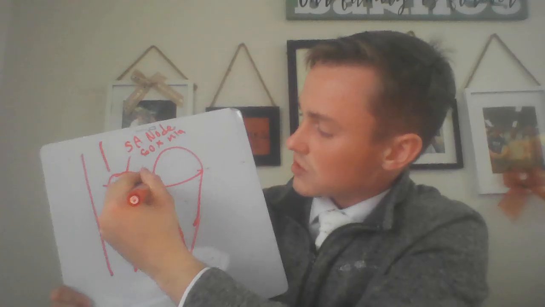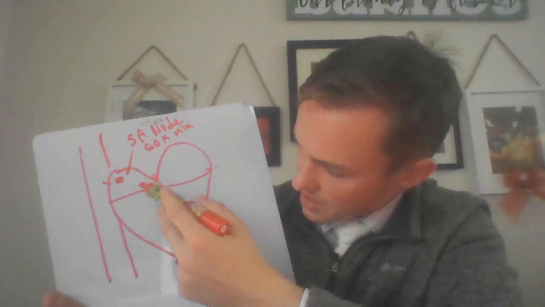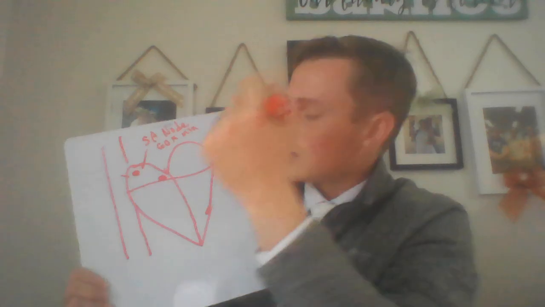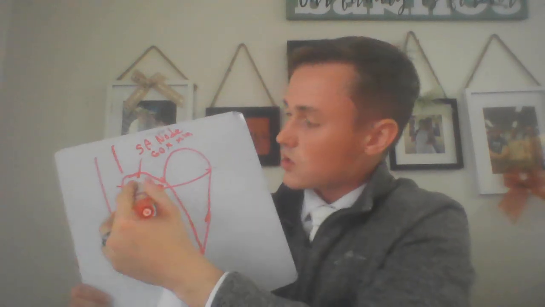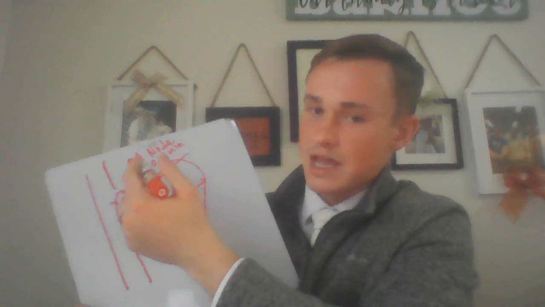Then we have what is known as the AV node. It's kind of down here. It's still in the right atrium, but it's closer to the center of the heart. When we have our positive charge go through, it's going to start at the SA node because the AV node goes slower than the SA node.